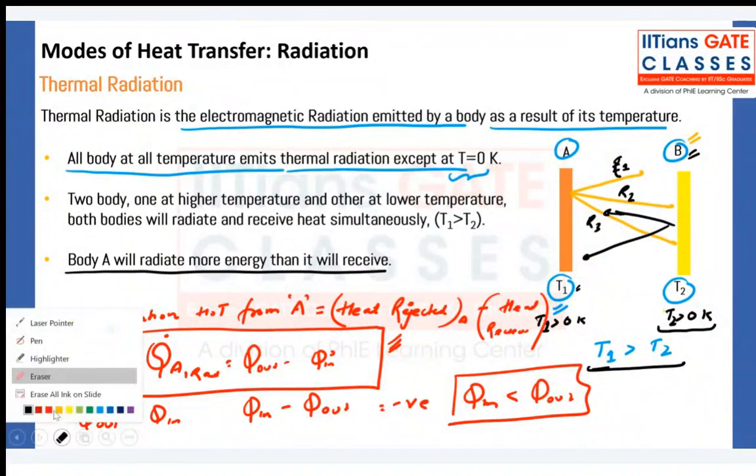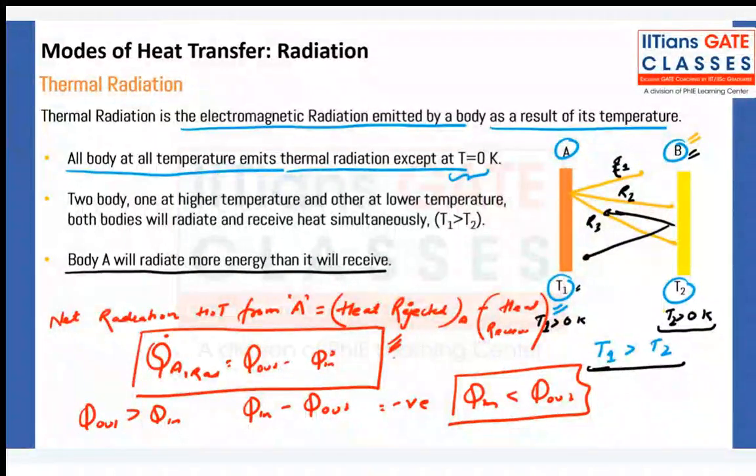Because we are talking about radiation heat, how much is going out? So if it comes positive, we are again losing heat. Q out is more, Q in is less. That means you are giving more heat, so the body will cool down.